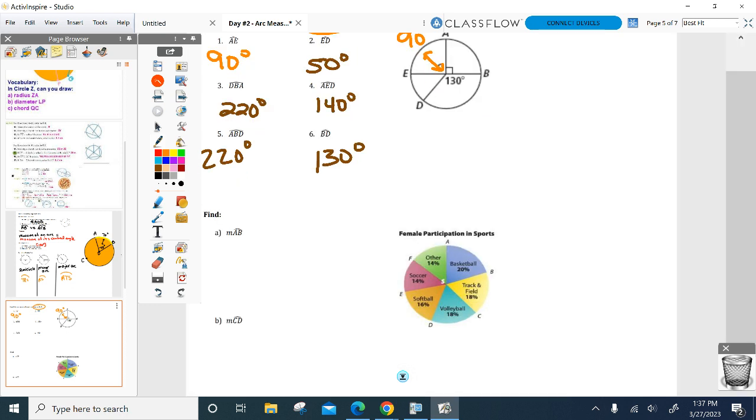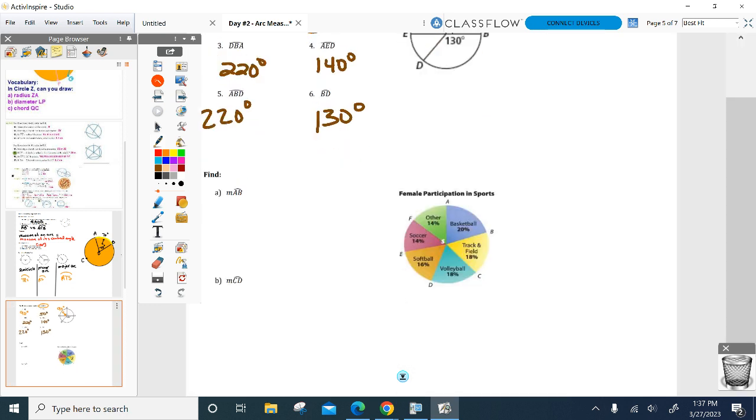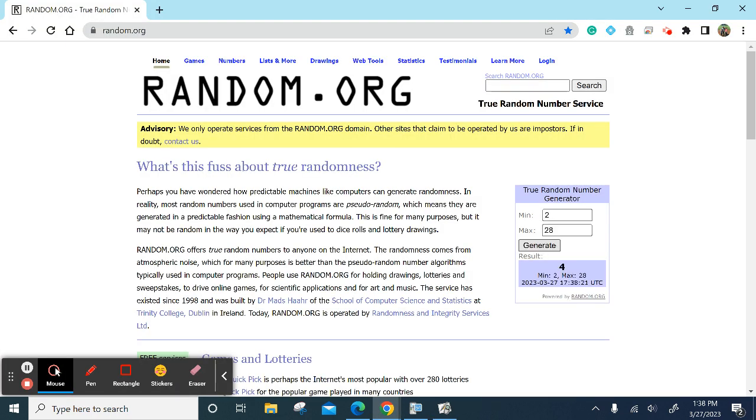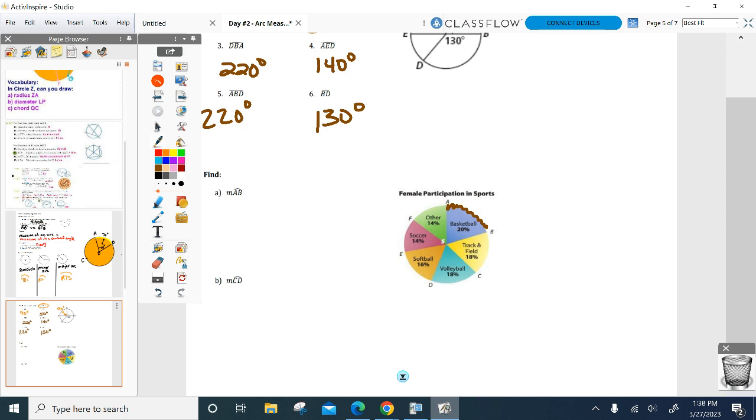Let me take the degrees away and let's put percents now. Your good old pie charts from elementary school. You still do those? You survey everyone and do the, no, not anymore. All right, never mind. Good times. So I'm looking for arc AB. What's the measure in degrees of arc AB? Well, I don't know the degree measure, but I know it takes up 20% of this full circle. What are you taking 20% of then if it's of the full circle? 360.